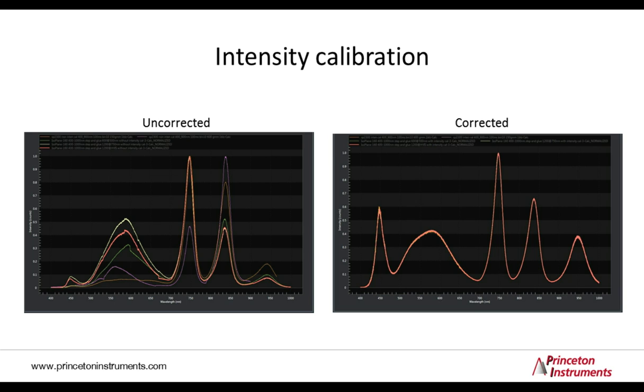So intensity calibration is the method you use to correct for this. I won't go into too much detail. I just want to show the effects if it's done properly. On the left, you see spectra taken from the same lamp, but with different instruments and different configurations, so they all look different.